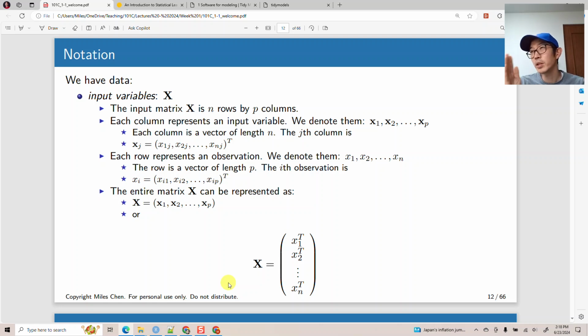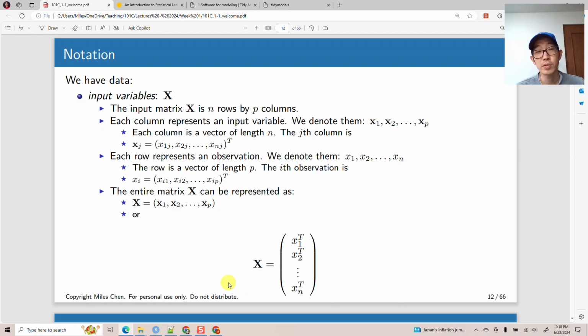Then we have p different features, or p different variables. These are the things we use to make our predictions, and we have p columns.